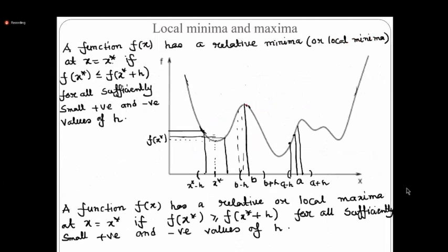If they are equal, then that is going to be 0. So that's why if it is positive semi-definite, it will give you the relative minimum, and if it is negative semi-definite, it will give you the relative maximum.